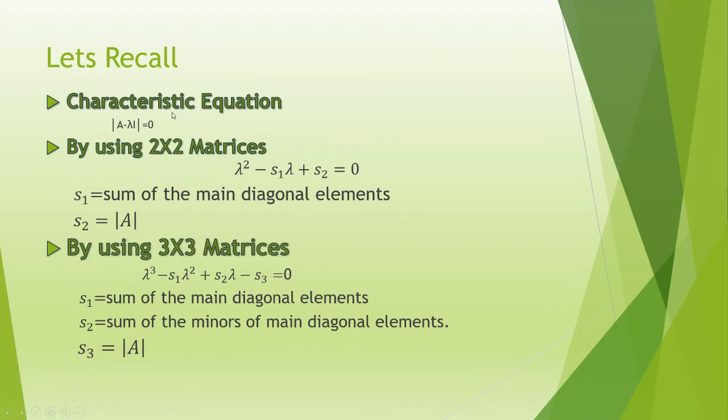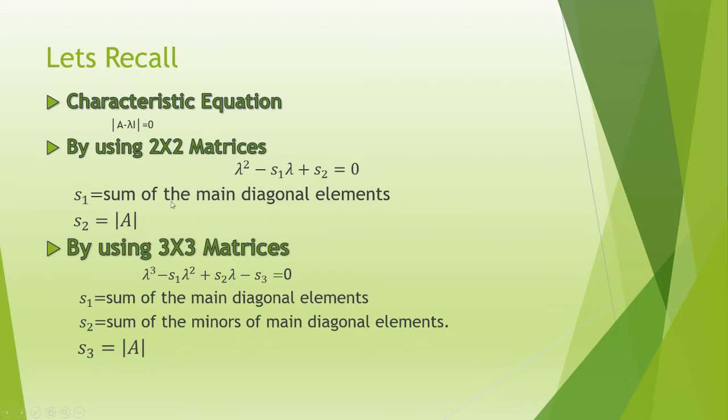Characteristic equation. Our characteristic equation formula is determinant of A minus lambda I is equal to 0. For a 2 by 2 matrix, the characteristic equation is lambda square minus S1 lambda plus S2 is equal to 0.